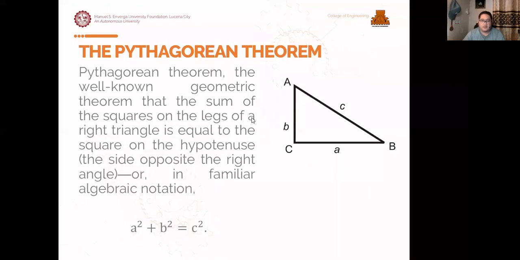So si Pythagorean theorem, gasgas na din dapat ito sa atin na it is the sum of the square of the legs of a right triangle na equal daw siya dun sa square ng hypotenuse natin. In symbol, ito yung legs natin, no? Yung dalawang shorter side natin, A and B, square daw niya yung sum niya, kaya A squared plus B squared equals daw siya sa square nung longest side natin, which is yung C. Okay? So, yan yung pinaka Pythagorean theorem natin.